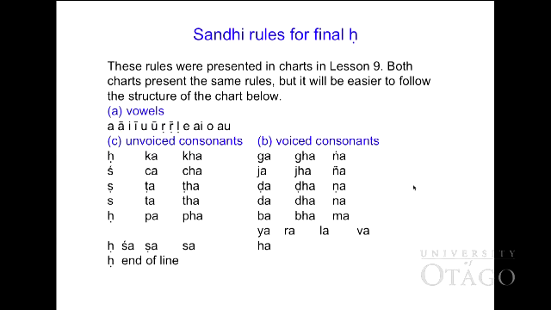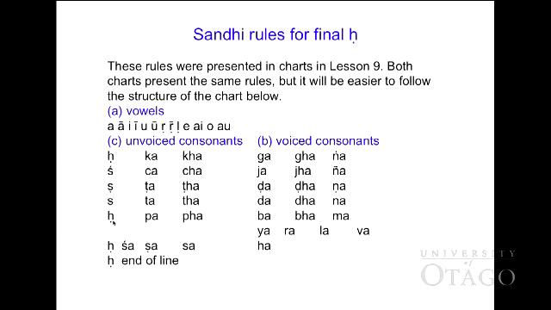You can see from this chart, we can separate into three groups: the vowels, unvoiced consonants, and voiced consonants. The vowels are R, E, U, etc. Unvoiced are Ka, Kha, Ca, Cha, Ta, Tha, Ta, Tha, Pa, Pha, and also the sibilants Sha, Sha, Sa.